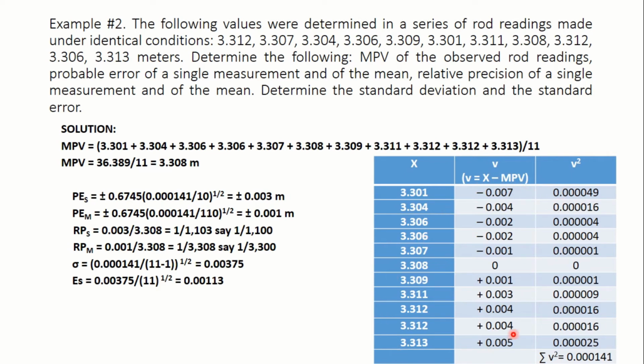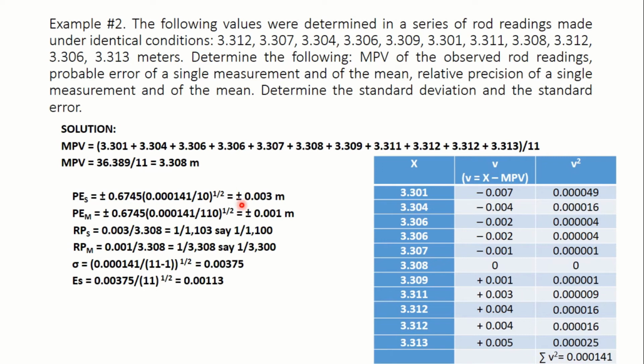So, gawin natin ito lahat sa mga observations. And then, is-sum up natin yung square of the residuals. Ito yung ilalagay natin dito. Okay? So, yan. Ito yung probable error. So, ibig sabihin, ganyan yung pwedeng error ng ating mga bawat single measurement.